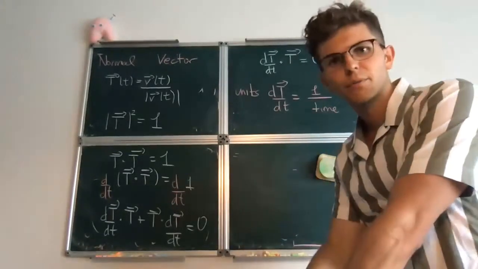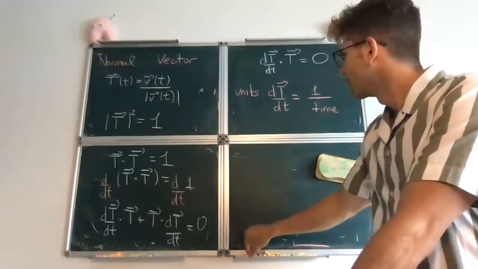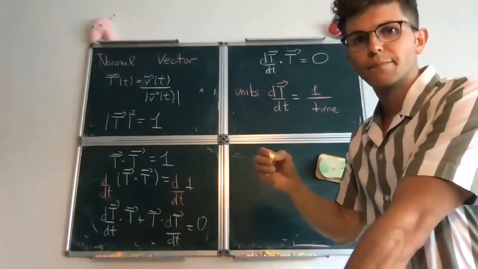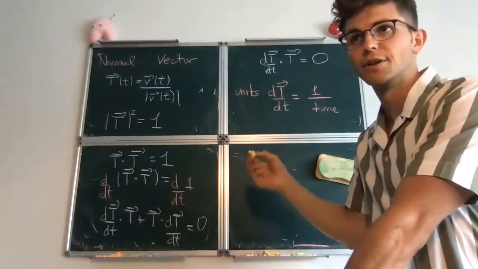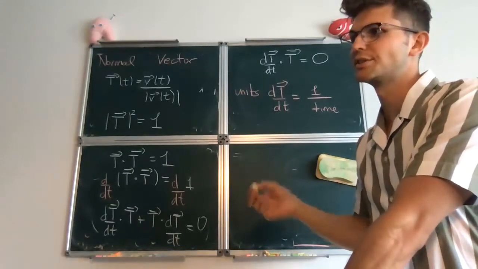And again, we don't want to work with something that has units. So we have the same two issues that we had before with the velocity vector, that it had units and it didn't have unit norm. So we apply the same approach, which is just to rescale it.